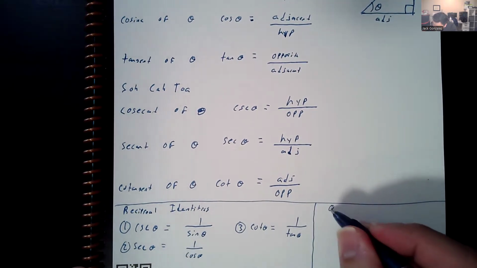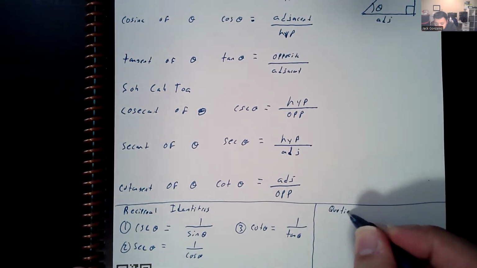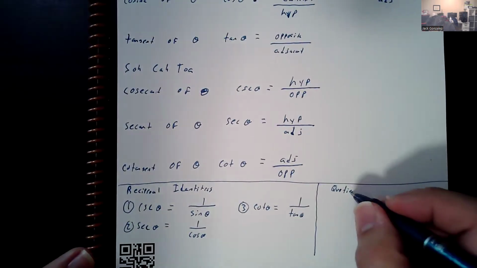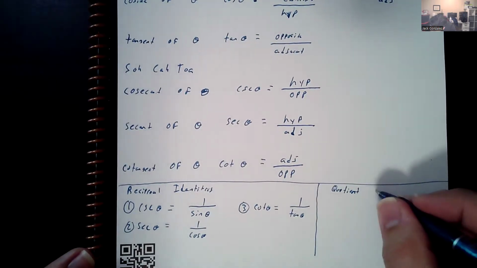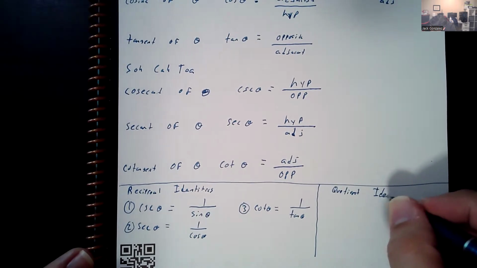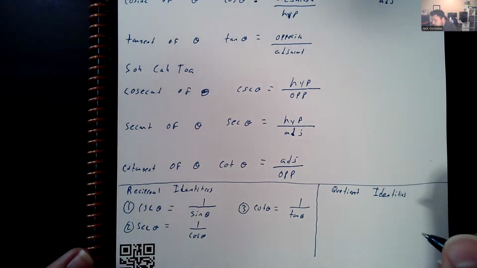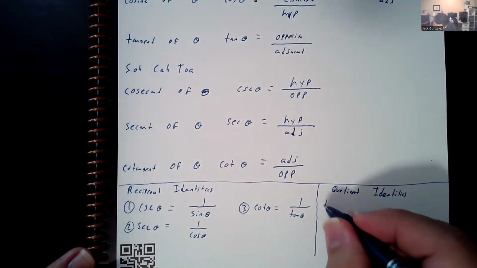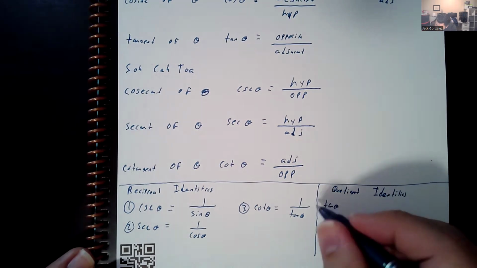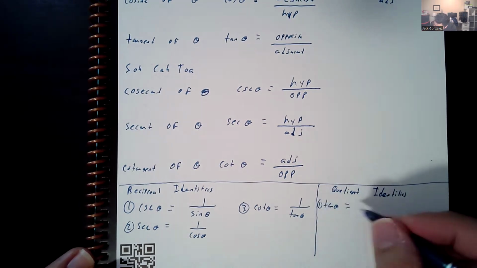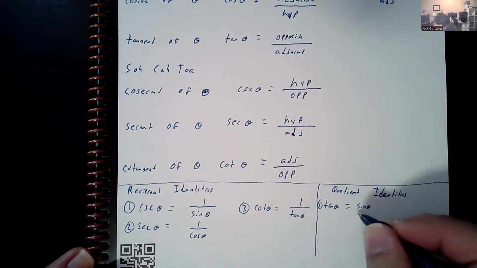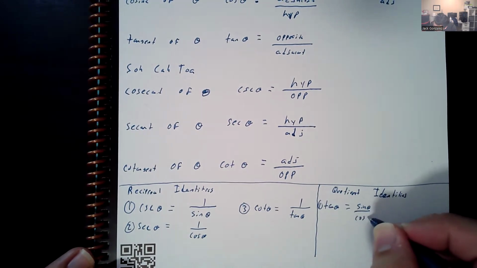Quotient identities. Then I'll go to the next page, running out of space here. Tangent theta, this is number one, is equal to sine theta over cosine theta.